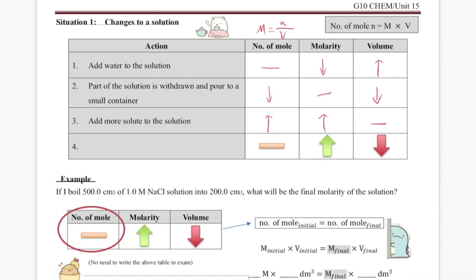So in what case do we have no change to the solute, but we can remove some of the water? Here the answer is very simple: we can just boil the solution so the water will evaporate, and the total volume of the solution should decrease.